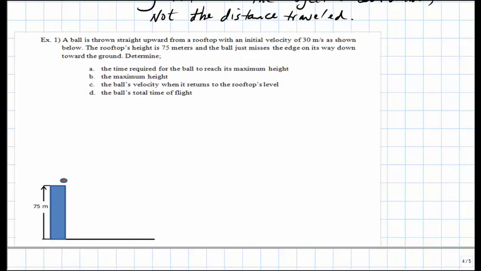Now, let's first of all note that the ball starts off with an initial velocity of 30 meters per second. In order to illustrate that, we will introduce some speed lines and indicate that the ball does have an initial velocity, which we'll call v0.